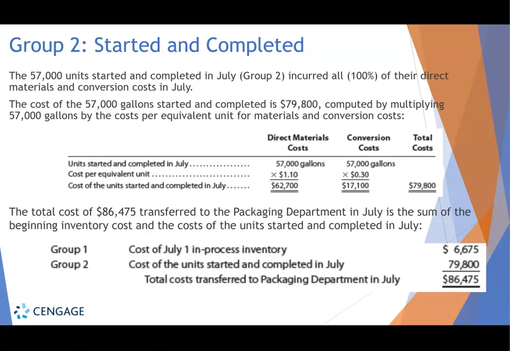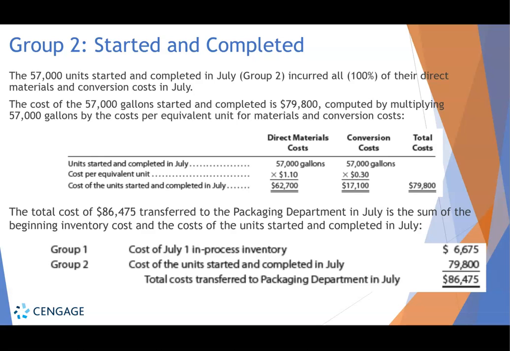The cost of the 57,000 gallons started and completed is $79,800. We've got 57,000 gallons at $1.10 per gallon for direct materials, and 57,000 gallons at 30 cents in conversion costs. So we take the $62,700 of materials and the $17,100 of conversion costs, and we arrive at our total cost of $79,800.